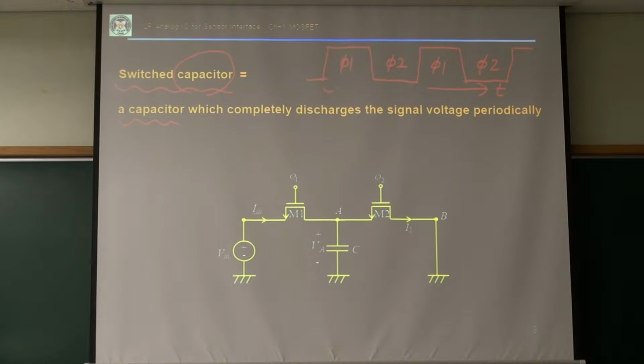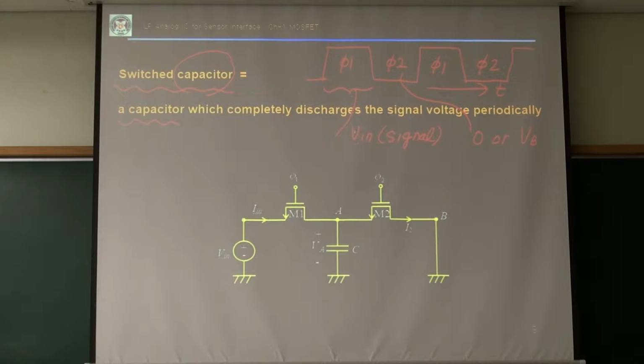During this phi 1 phase, this capacitor voltage is charged to some signal voltage Vin. And then during this phi 2 phase, this capacitor voltage is charged to 0 or some DC bias voltage. So during phi 2 phase, it loses signal information.